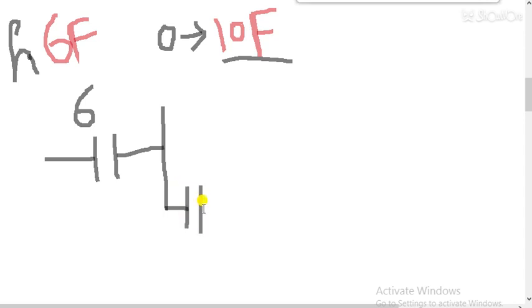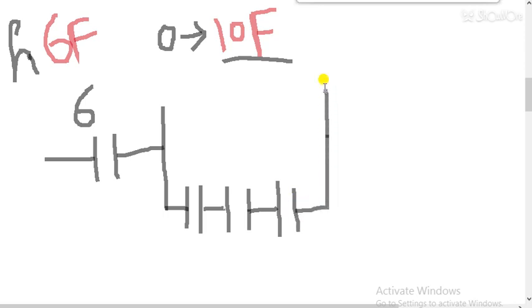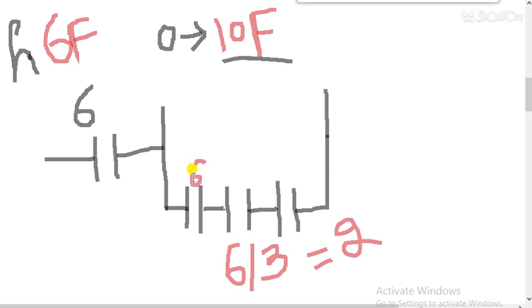Because 3 capacitors in series will give me 6 by 3, that is 2. So its resultant will be 6 by 3, that is equal to 2. So from this series combination of 3 capacitors, 6 and 6, I will get the value 2.